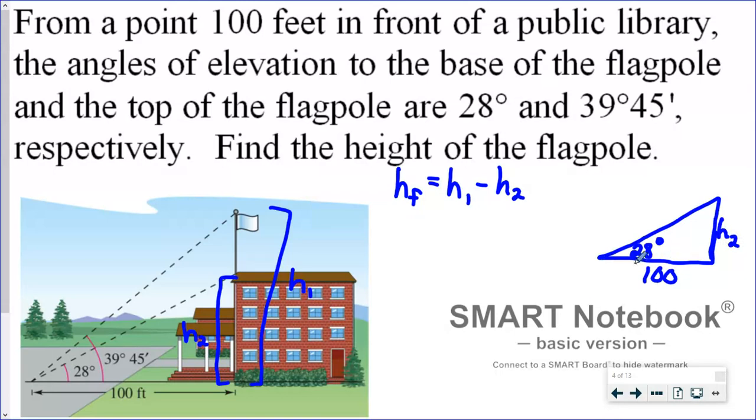From my angle here, the piece I'm looking for is the opposite, and the piece I know is the adjacent. So again, from SOHCAHTOA, what am I going to be using? Tan. So the tangent of 28 degrees is equal to the opposite over the adjacent. To solve for H2, all I have to do is multiply both sides by 100. These cancel.